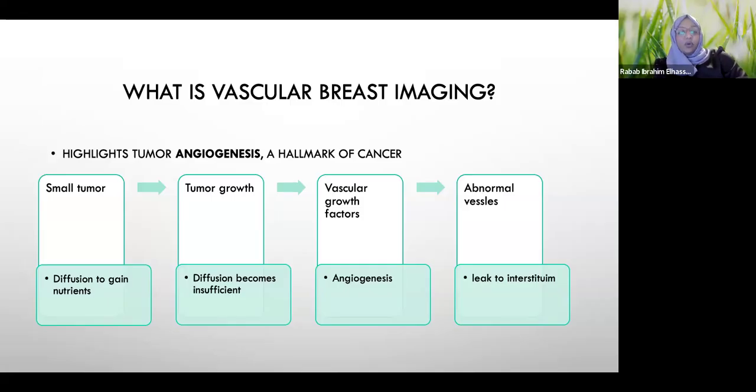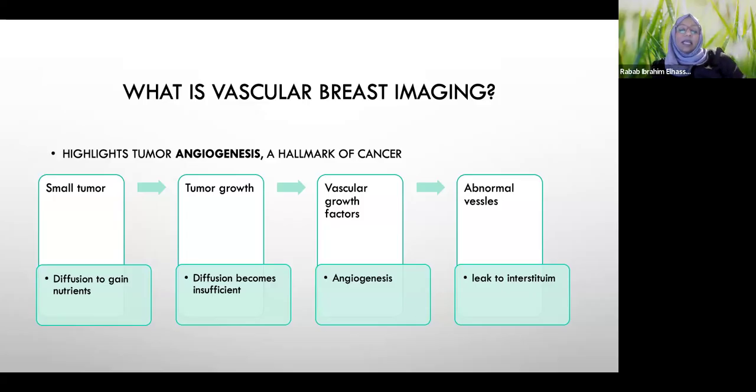Then the tumor grows, and diffusion becomes insufficient to provide enough nutrients and oxygen for the tumor to grow, and then necrosis happens secondary to insufficient nutrients. This in turn stimulates vascular growth factors released by the tumor itself, and these result in the formation of new vessels, which we call angiogenesis.